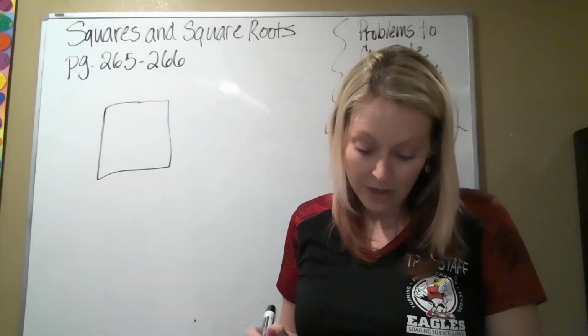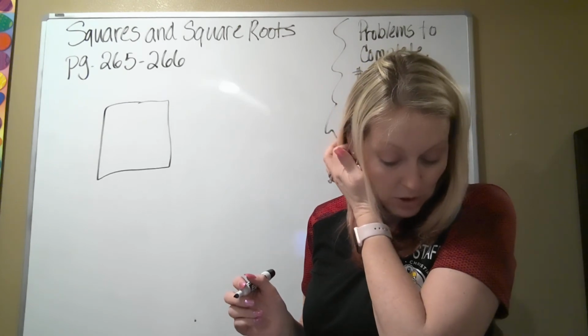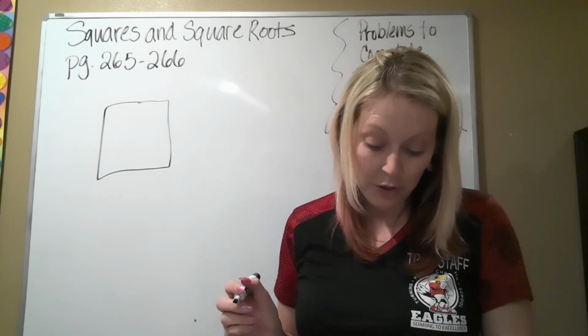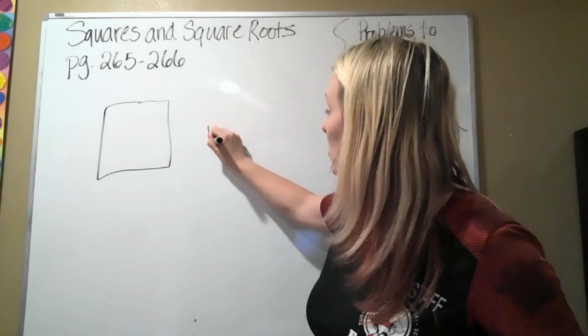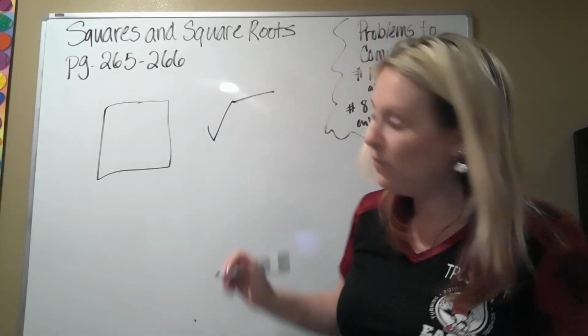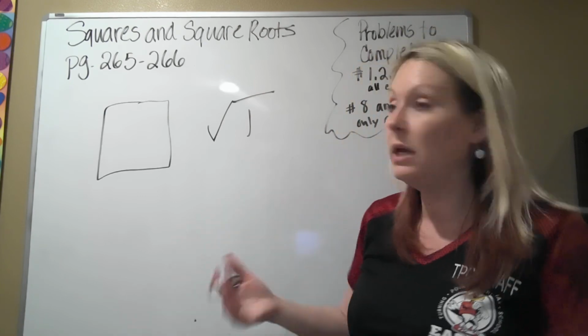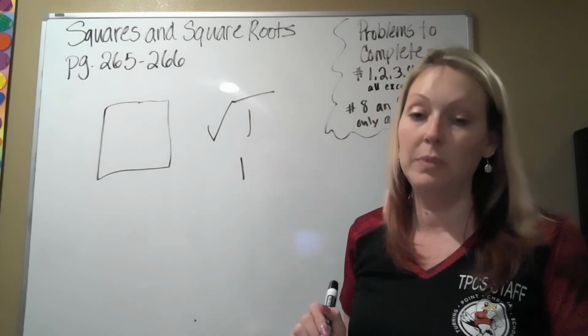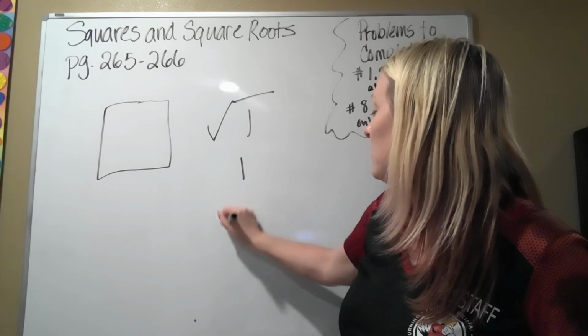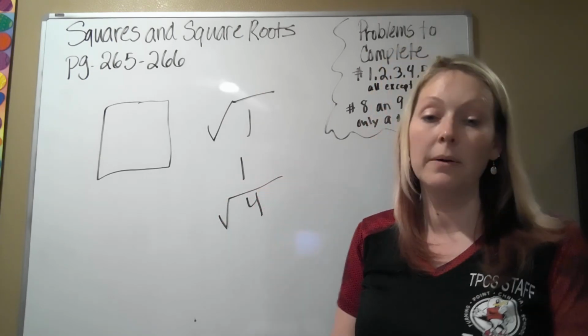But before we do that, I want to jump over and I want to remember that on 3A, we're doing the square root of 1. Okay? So if I do the square root of 1, 1 times 1 is 1. So my answer would be 1, right? Now, what about the square root of 4?